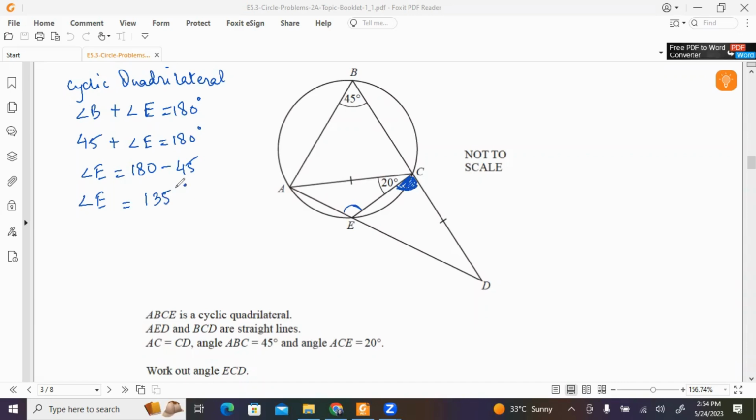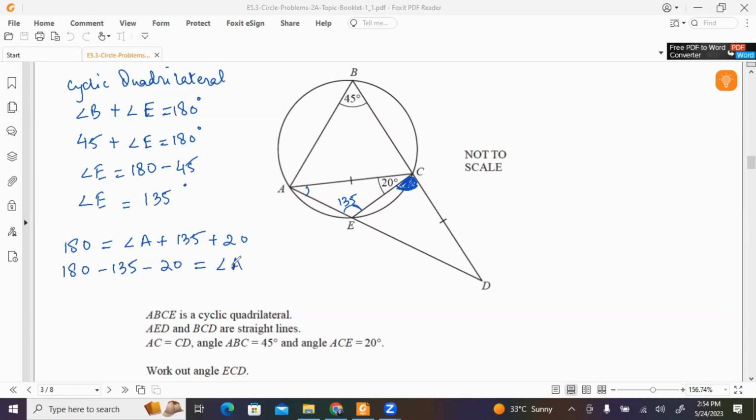Now that we have angle E, we can easily find angle A because ACE is a triangle. So 180 equals angle A plus 135 plus 20. So 180 minus 135 minus 20.